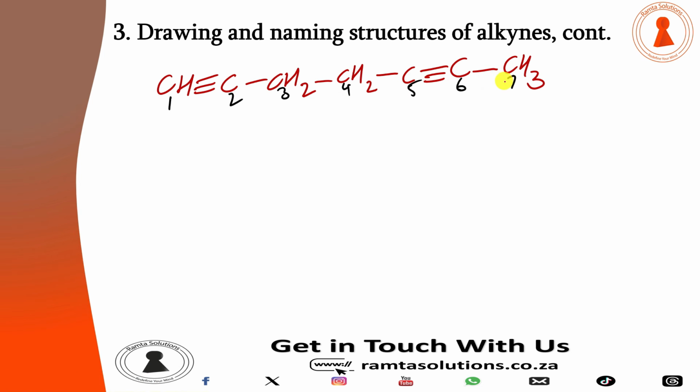So what is this? The longest chain has 7 carbons, which we call hept, and then there are triple bonds. Where are they? They are on carbon 1.